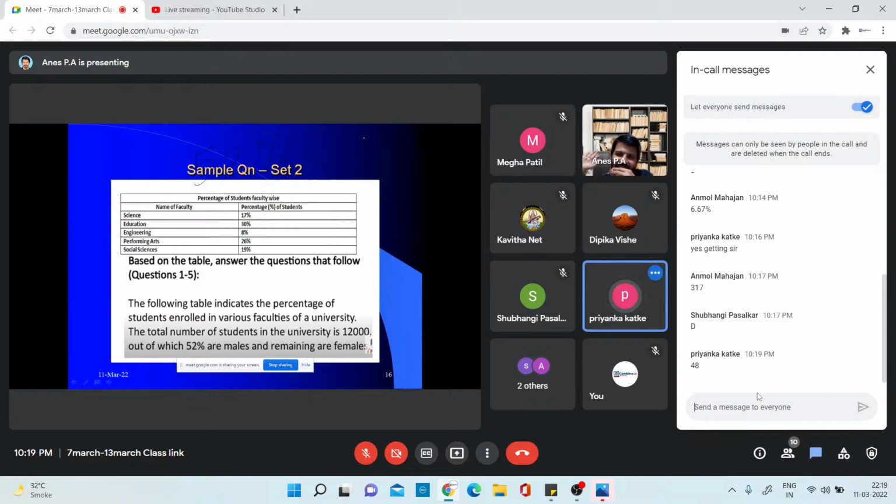Sir, it's 48%. All of us understand, because there is 52% males, then obviously 100 minus 52 equal to 48% is the female students. So we got the question right now. Got it?